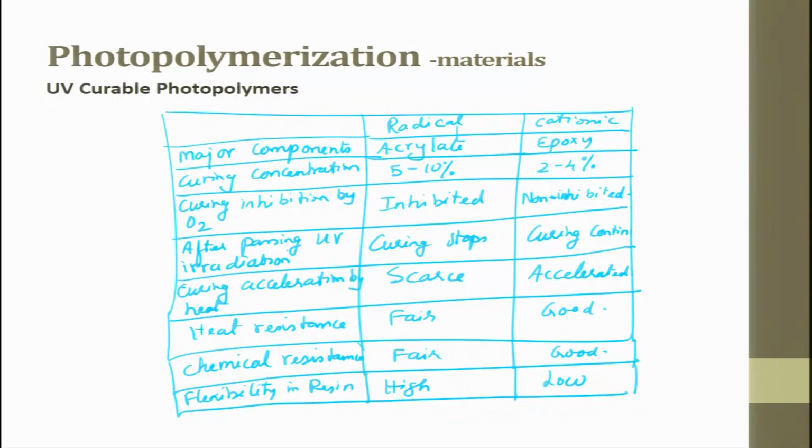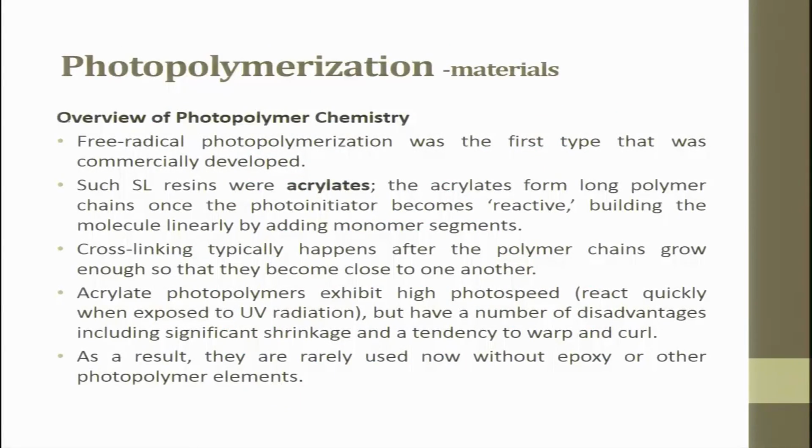So, this table clearly states the response of different resins in terms of radical and cationic, and you can choose which you want for your stereolithography process.